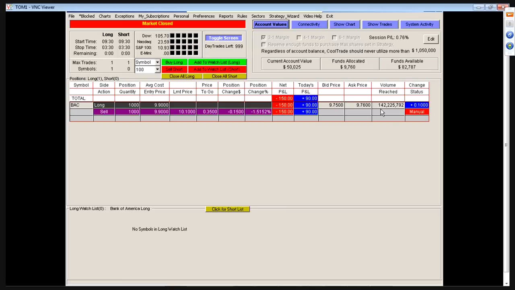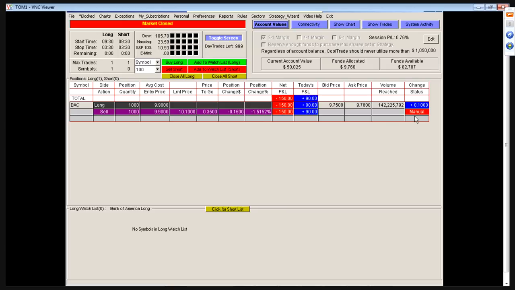So that takes us to the next one, which is volume. There were 142,225,000 shares of Bank of America that exchanged hands today. That's remarkable. That's a beautiful, very highly liquid stock, with a lot of action and a lot of trading going on. The next column over says manual right now because we're after market hours, but during the trading day, that box is going to say stealth mode.